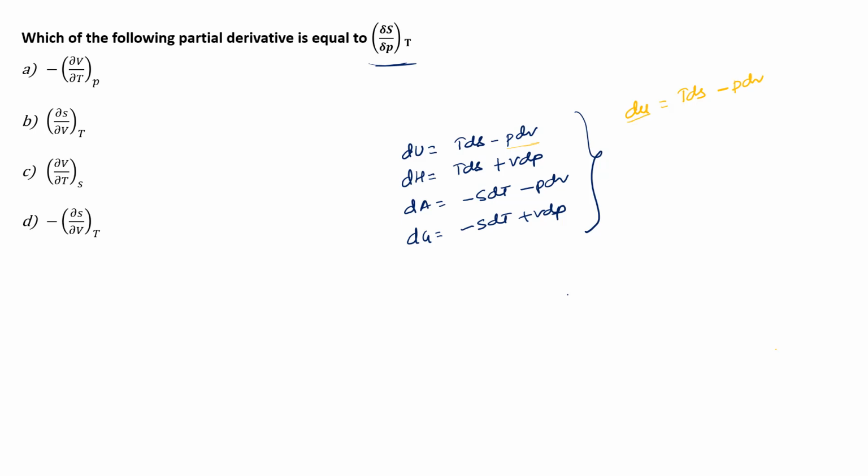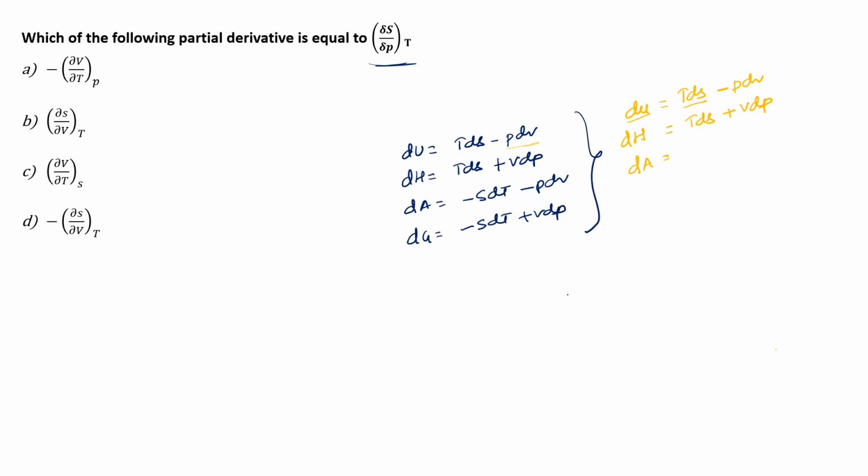After internal energy, we'll use the enthalpy concept. So it will be dH. The first thing remains constant, so TdS, and the second thing will change here with a negative sign. So negative is already here, so it will be positive, and it will change to VdP. Next we'll follow from the basics, the Helmholtz free energy.